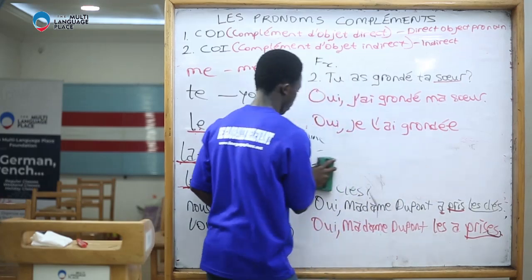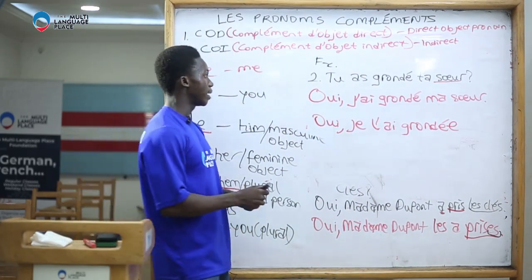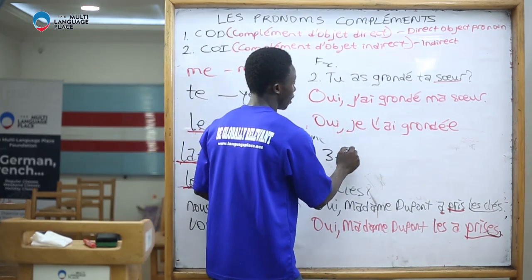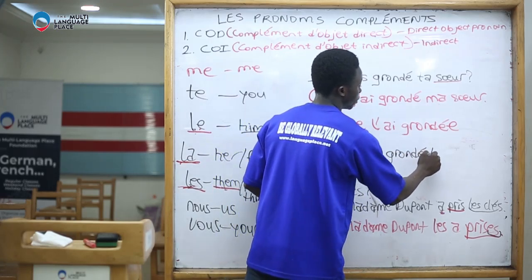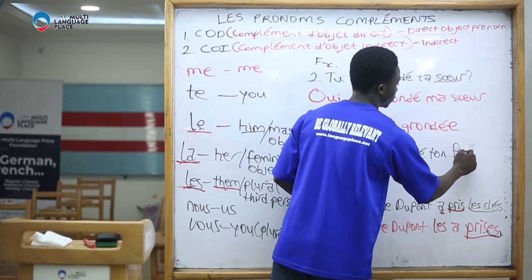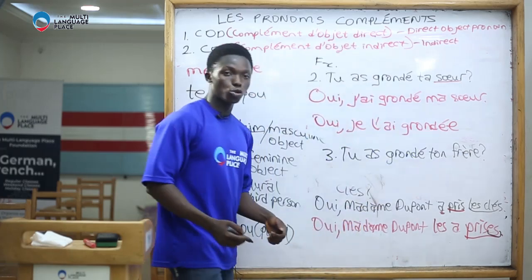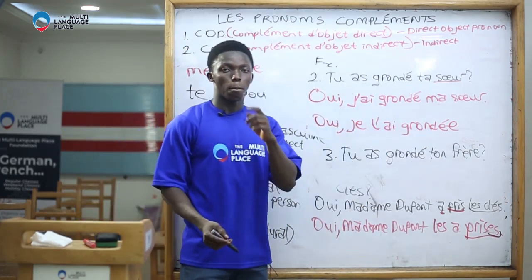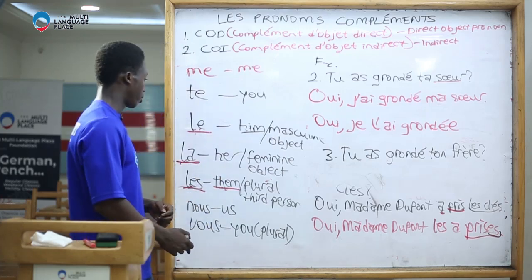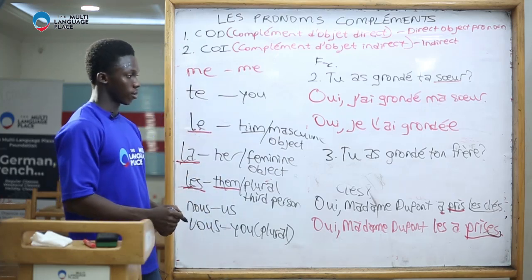But if we add a sentence like tu as grondé ton frère. Did you scold your brother? Remember, your brother is masculine. A masculine noun. So that would be le.